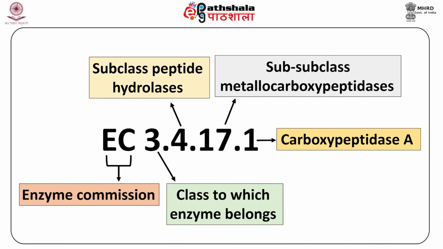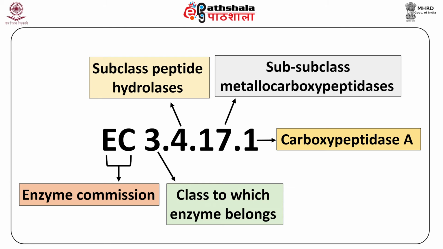For example, EC 3.4.17.1, where EC stands for Enzyme Commission. The first digit, which is 3 in this particular case, stands for the class to which the enzyme belongs, that is the hydrolase. The second digit, which is 4 in this case, is the subclass, peptide hydrolases.